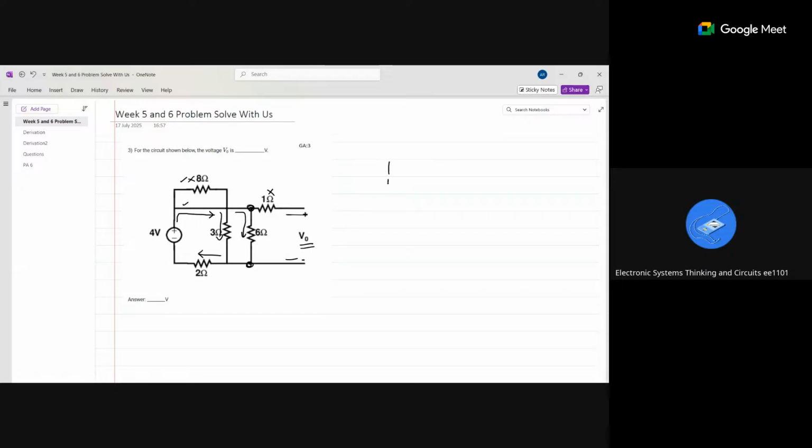So I'll draw the simplified circuit: 4 volt, 3 ohm, 6 ohm, and 2 ohm, right? Here the R equivalent is 1 by 3 plus 1 by 6, the whole inverse, which is nothing but 2 ohms.